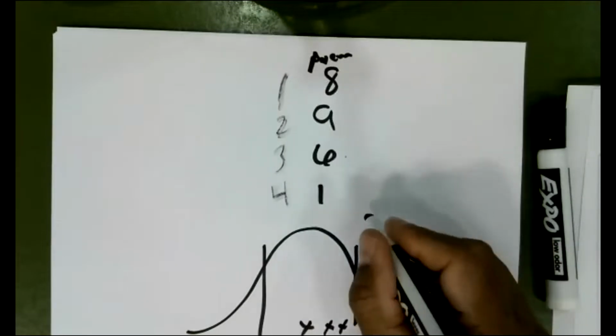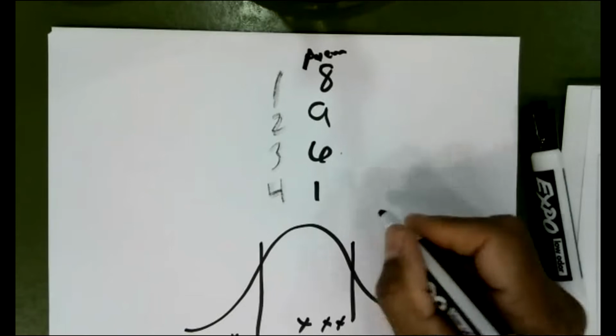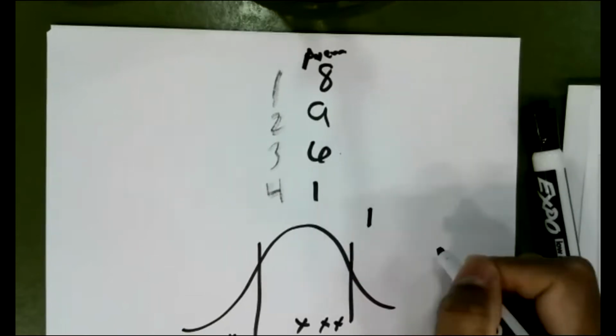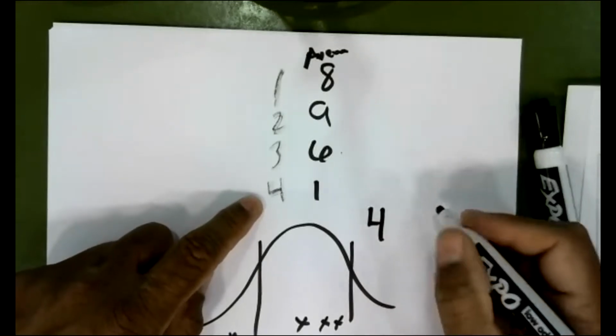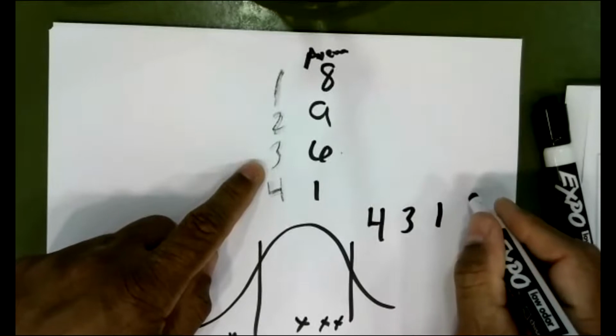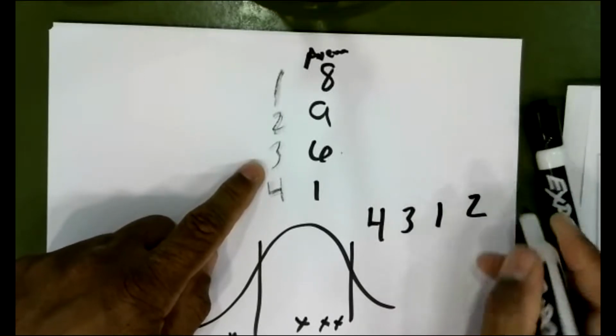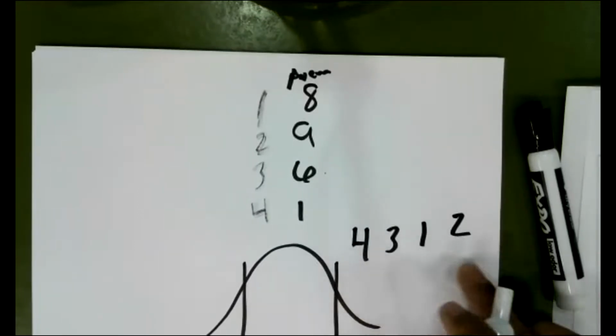I'm going to write them in what I'll call a number line, going from the lowest. The lowest is 4 with 1 day, followed by 6, followed by 1, followed by 2, because 2 is the highest amount of days. So I have those in order like that.